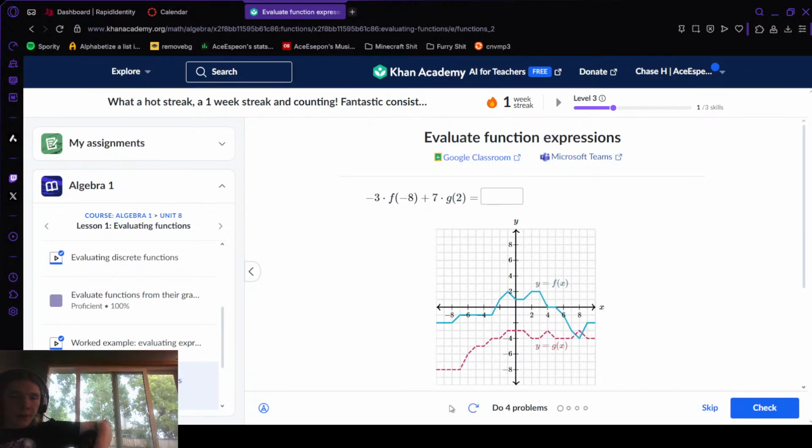Okay, F negative 8. F negative 8 is negative 2.